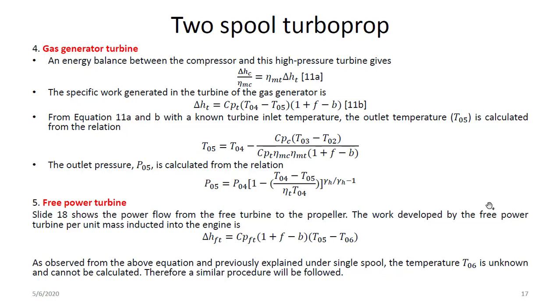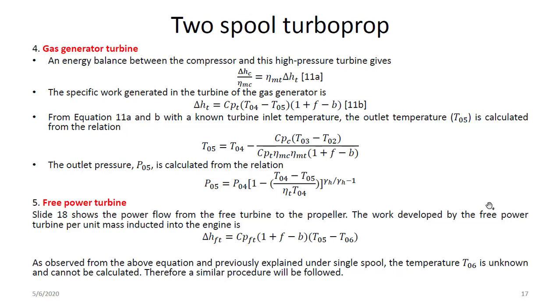And if you do that, you can make a simple mathematical manipulation where you have 1 plus fuel air ratio minus the blade air from the compressor. I'm sure by now this shouldn't be a problem. Okay, and you get equation B. And since the inlet temperature to the turbine is known, to get the outlet temperature, you use this equation.